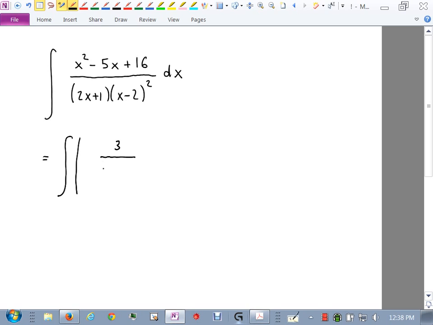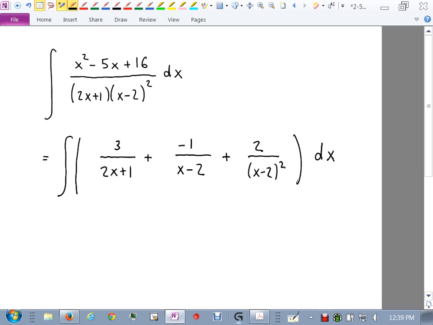It was 3 over 2x plus 1. And then we had plus B, which was -1 over the first repeated factor, and then plus 2 over the repeated linear factor, but this time squared. Did I place that correctly? Is that everything? Yes.